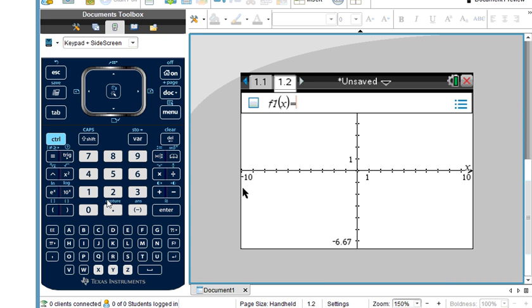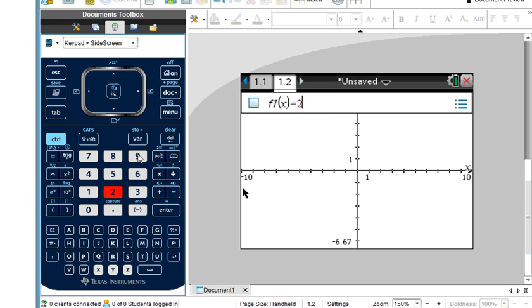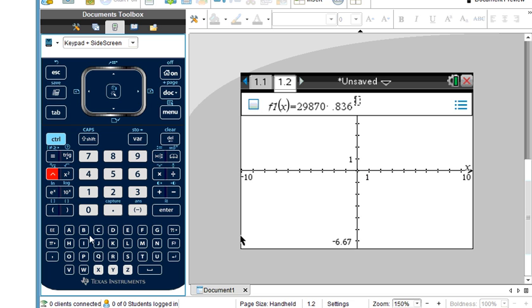So we're going to put 29,870 times 0.836 to the power of x.